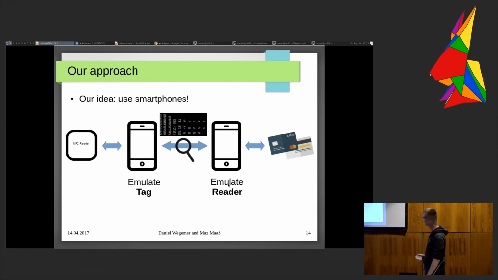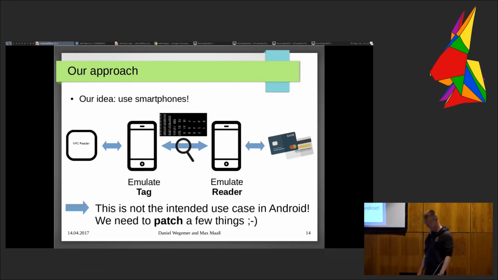So when the reader wants to talk with the card, it first talks with our first smartphone. The first smartphone talks with the second smartphone. The second smartphone talks with the card, and all the way back. This enables us to read the data which is exchanged between the reader and the card, because we are in control of what is sent between the two smartphones. So, in theory, it's everything nice and dandy.